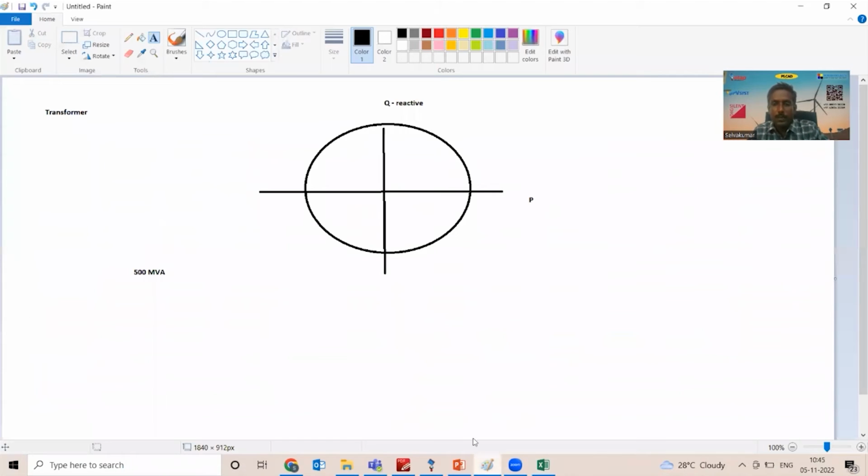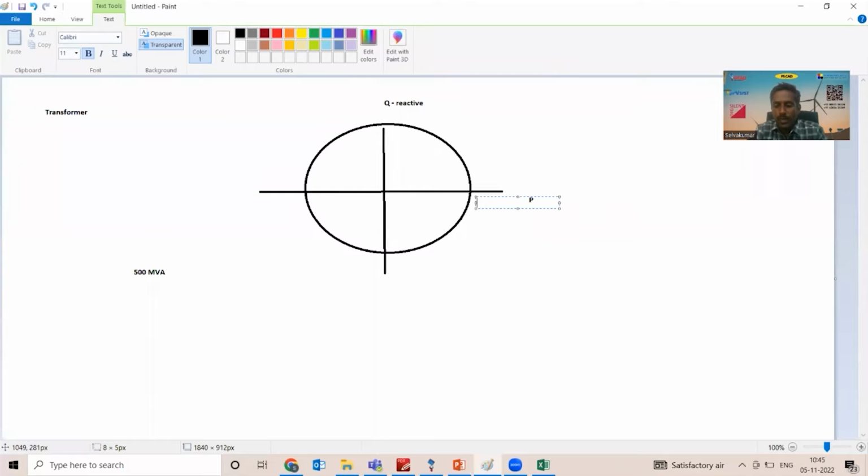So coming back to the capability curve of the transformer: it is a circle, and its radius is equal to its rating in kVA or MVA. You can load this transformer fully by real power. This point is 500 megawatt, 0 MVAR, which is technically possible.